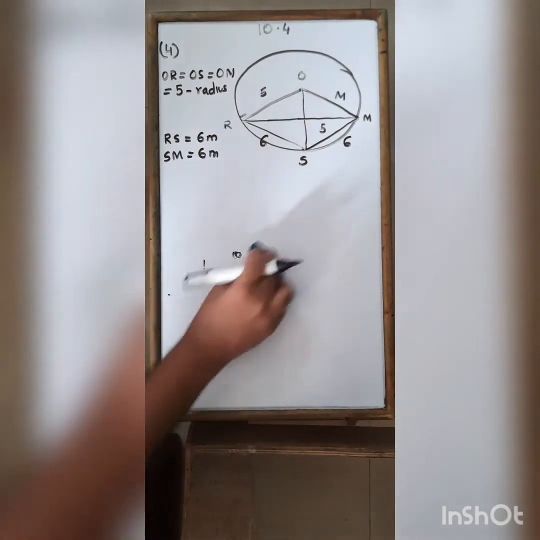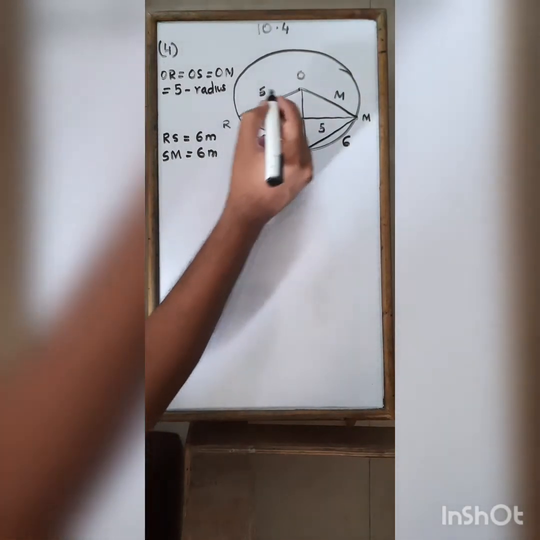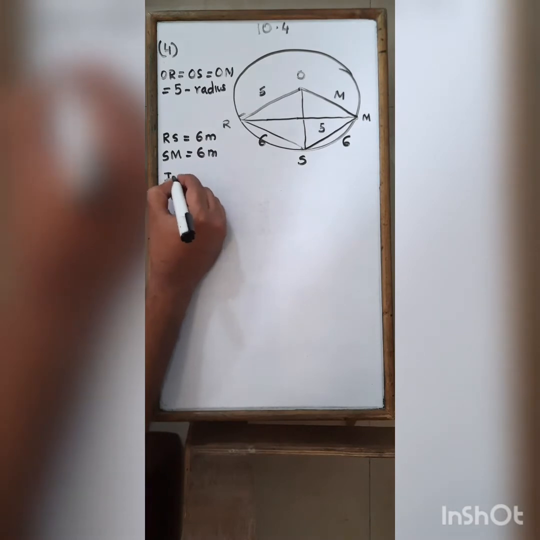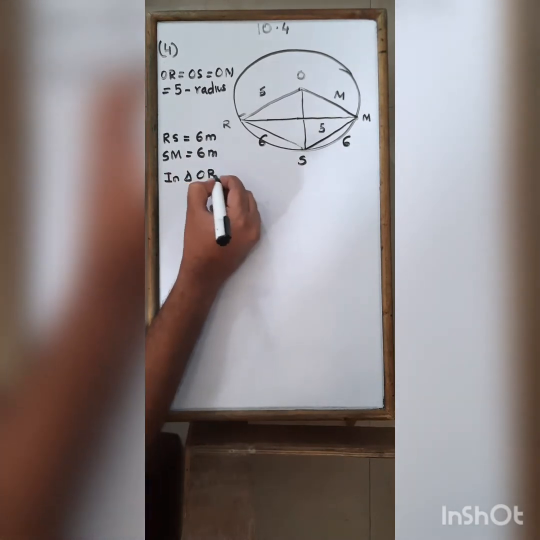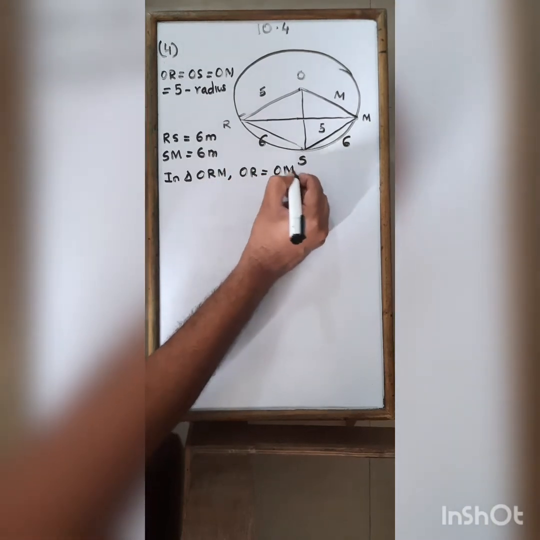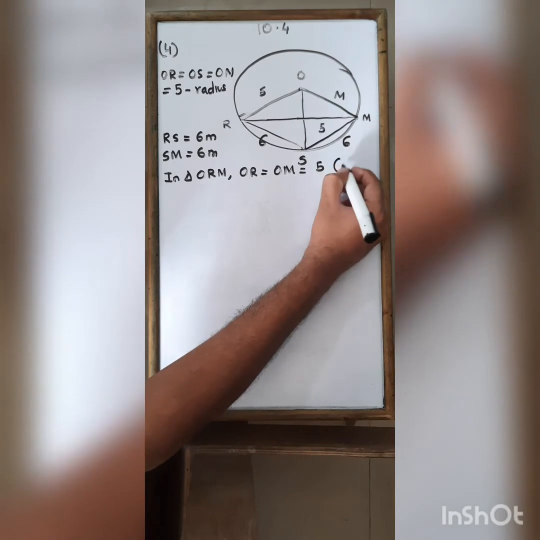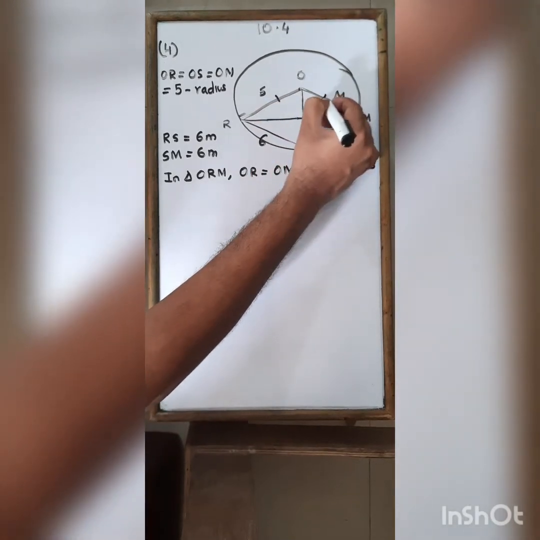Now, let us start on the similar lines. Can I say in triangle ORM, OR is equal to OM is equal to 5, the radius, right? So this distance is equal to this distance.